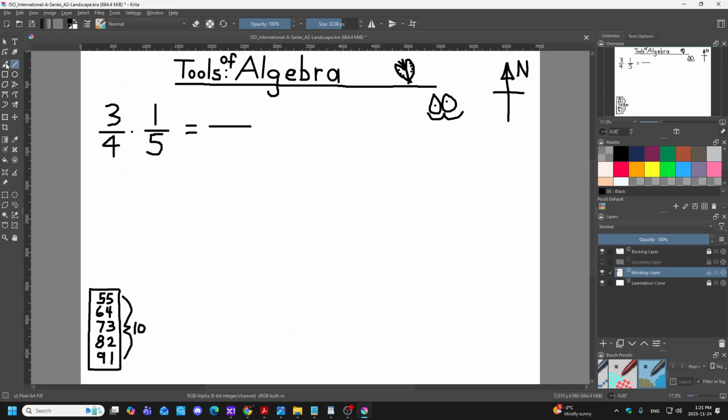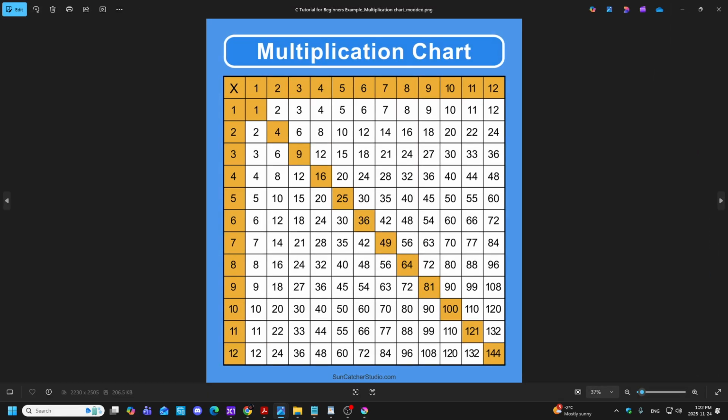3 times 1 is 3. 4 times 5 is 20. Again, as usual, I do like to recommend that you have your multiplication and or times table memorized. It's going to help you grind out your mathematics problems quickly, effectively, and efficiently.